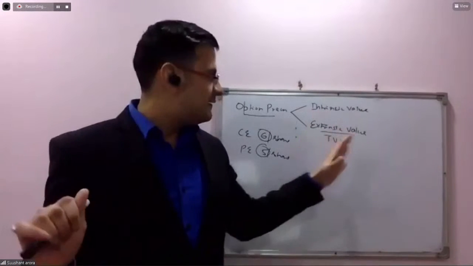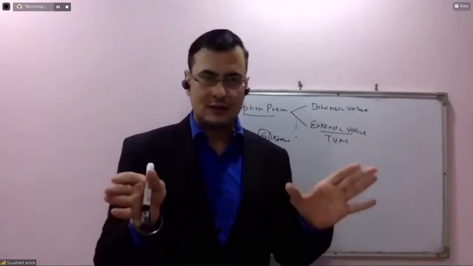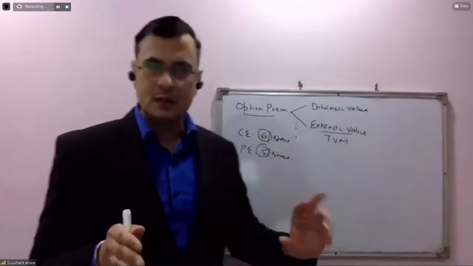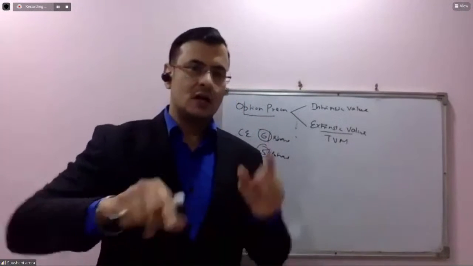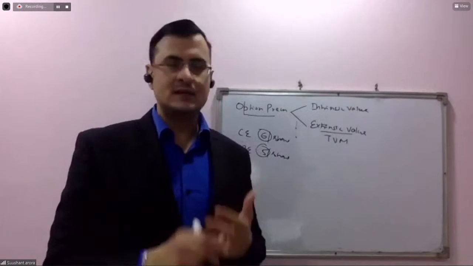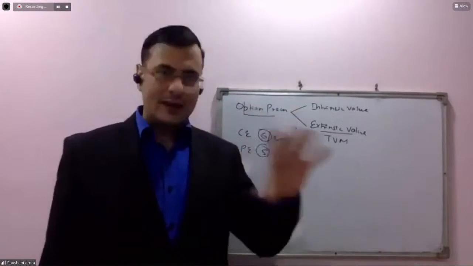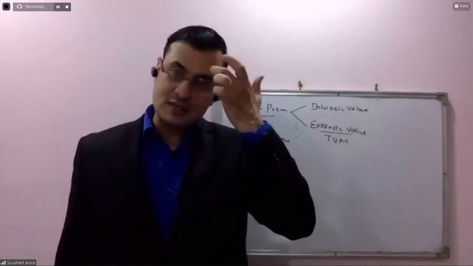Whenever you find a particular value in the exam, the examiner asks you to calculate the option premium by one of three methods. One is your binomial, second is your risk neutral, and third is your BSM, which is the Black-Scholes model. So the amount that you get is already a composition of these two.